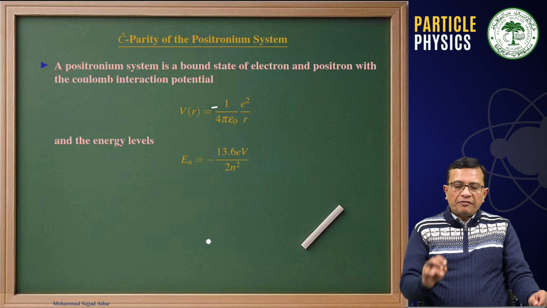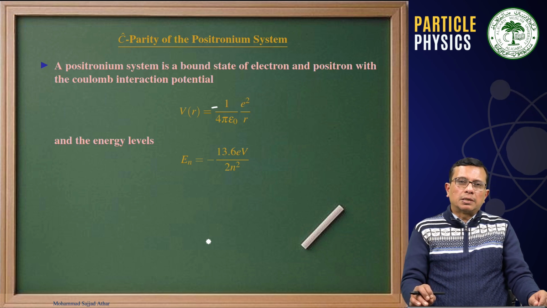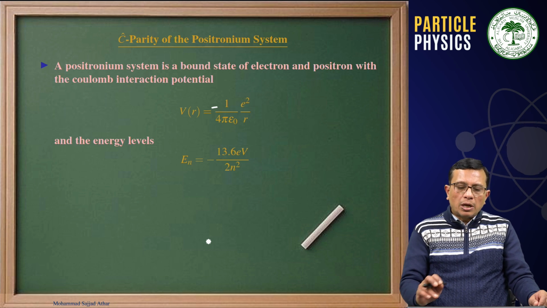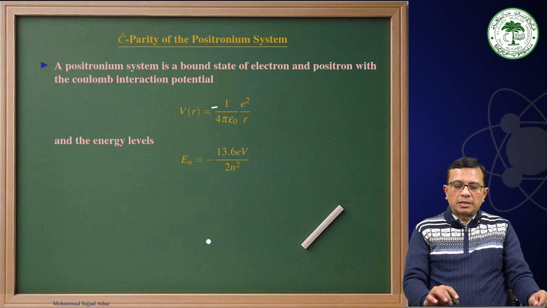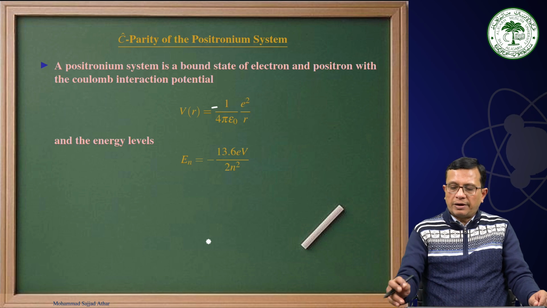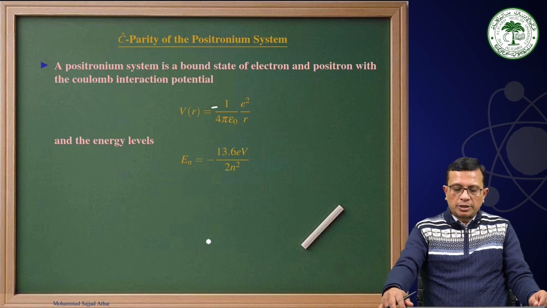Now, if I'm talking about a positronium system, which is an electron-positron bound system, the Coulombic potential is given by minus 1 by 4 pi epsilon naught, e squared by r, and the energy is given by minus 13.6 electron volt divided by twice n squared. This we have discussed in the last lecture.